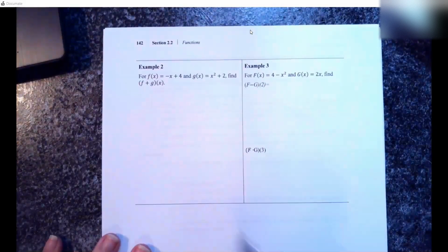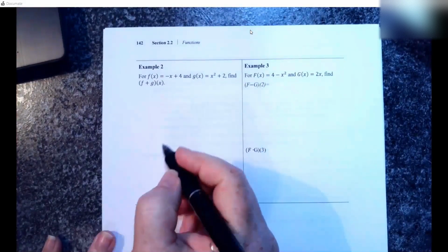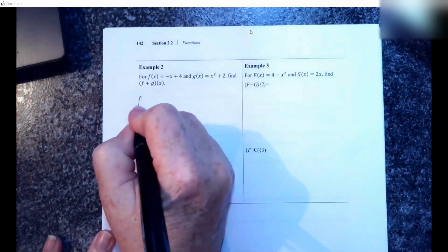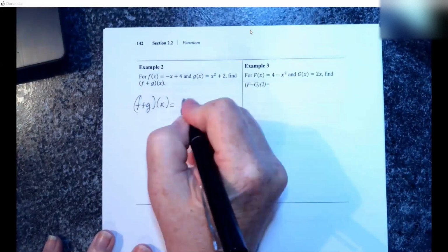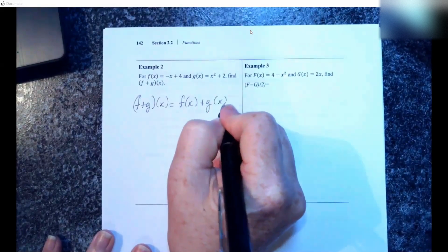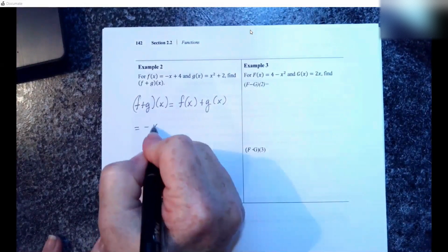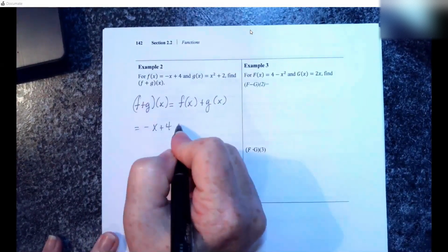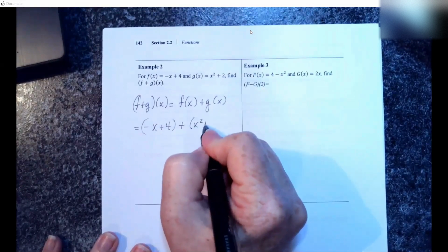So if we have f of x is negative x plus 4 and g of x equals x squared plus 2, and we wanted to find f plus g, that would just be f of x plus g of x, or negative x plus 4 plus x squared plus 2.